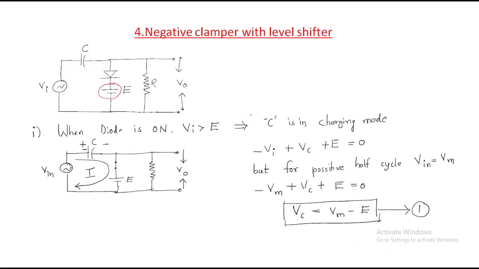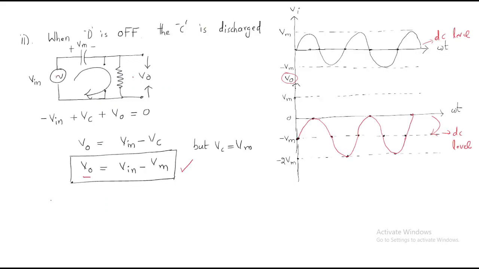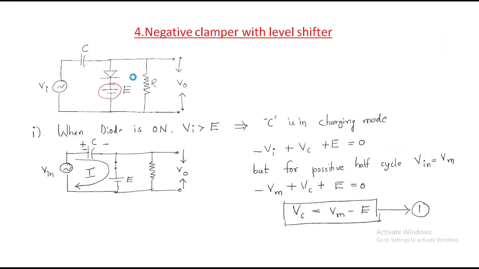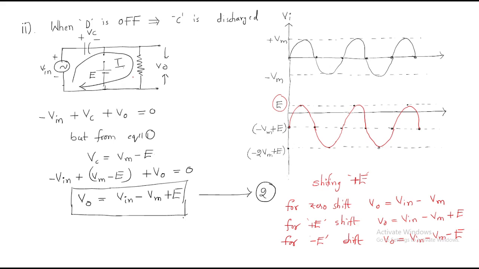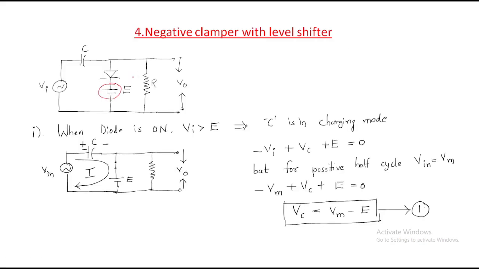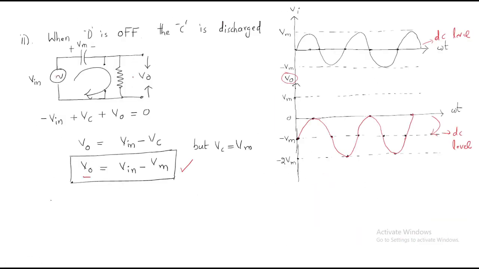Okay, this is about the negative clamper with level shifter. Whenever shifting is mentioned, first observe whether it is plus E or minus E. If it is plus E, the equation will get plus E. If it is minus E, you will get the equation with minus E. I think all of you understand this concept, the negative clamper as well as the negative clamper with the level shifter.